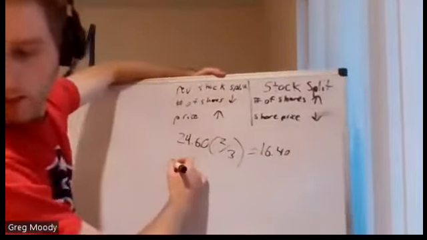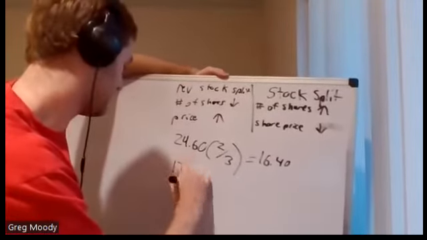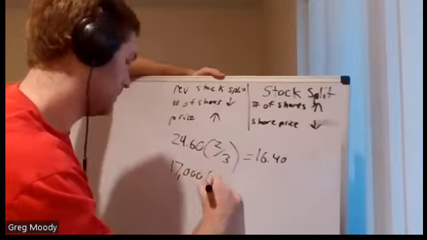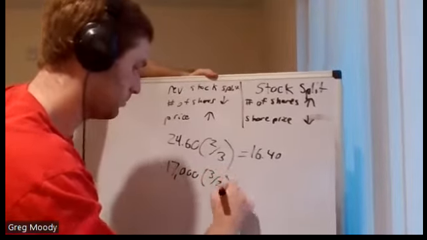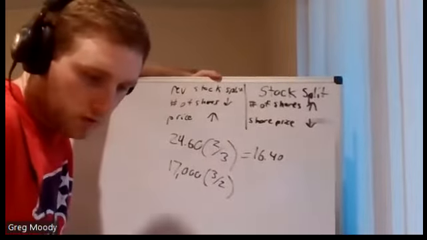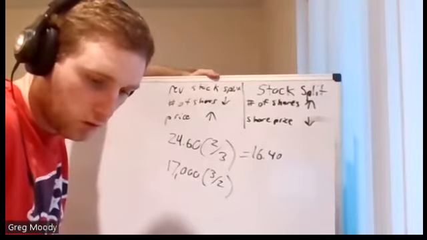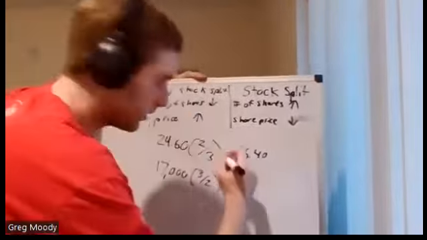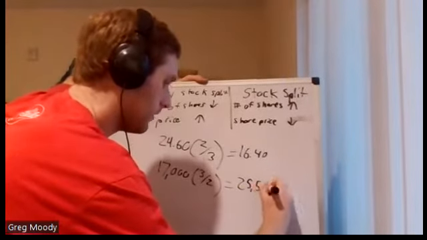And we had 17,000 shares of stock. We're going to split that by 3 over 2. So 17,000 times 3 over 2 equals 25,500.